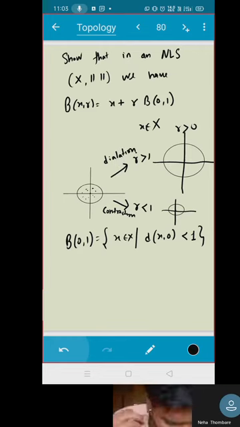This is called dilation. This thing is called contraction, it is getting contracted, and in that case, it is dilation, it is getting expanded. Is it okay?